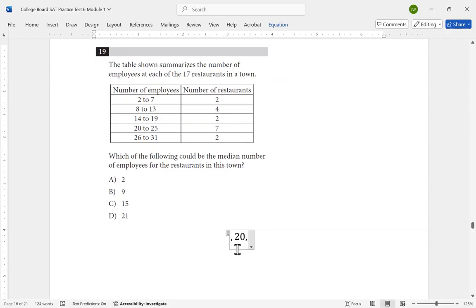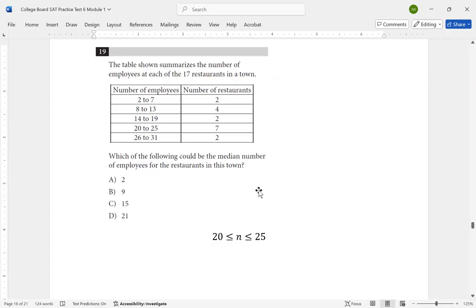Now, technically, I used 20 as a representative number for this group that had between 20 and 25. So any number that's somewhere above or equal to 20 and below or equal to 25 would have been a valid number.